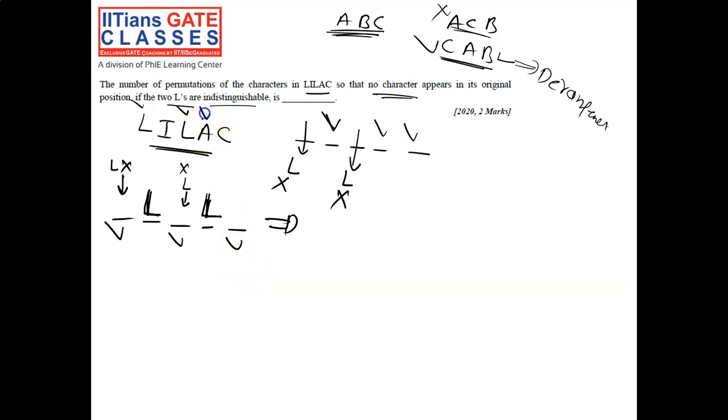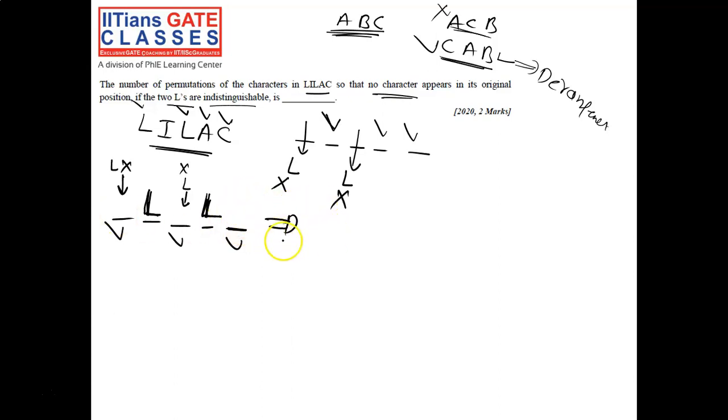Now let's see A. Similarly, the original position of A is fourth, but in the fourth position we have put L. So now wherever you put A, the A will not be in its original position. Now the last character is C. In the original word the original position of C is fifth, so we should take care that we do not put C in the fifth position.